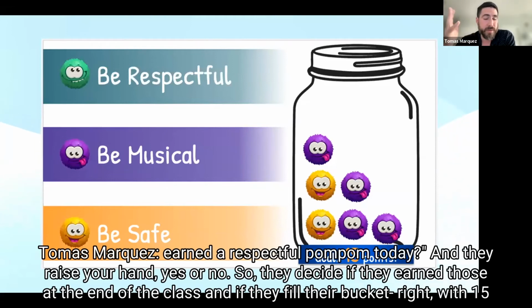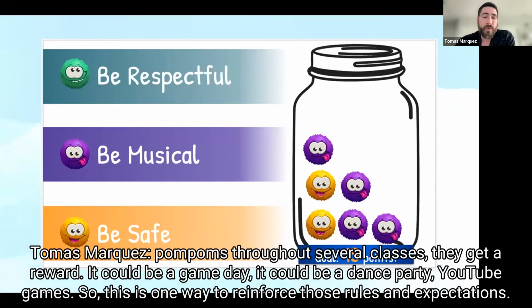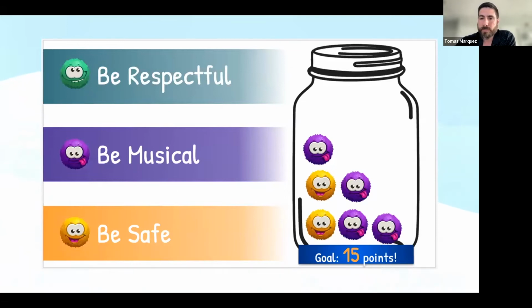And they raise their hand, yes or no. So they decide if they earn those at the end of the class. And if they fill their bucket with 15 pom-poms throughout several classes, they get a reward. It could be a game day, a dance party, YouTube games. So this is one way to reinforce those rules and expectations.